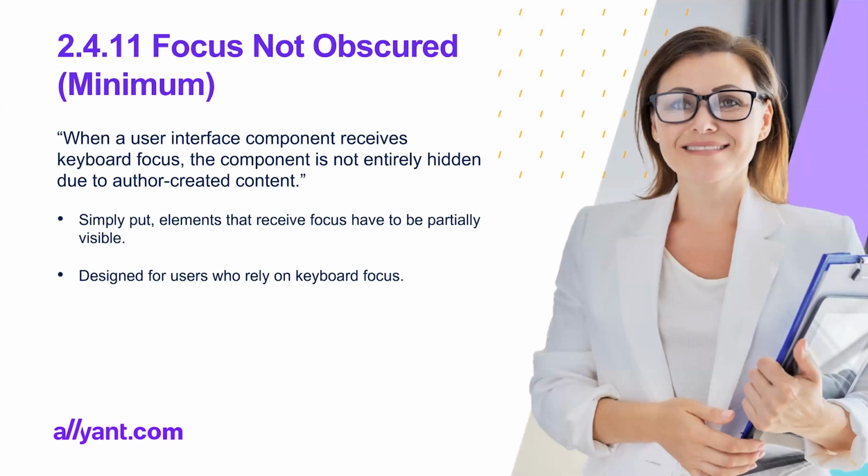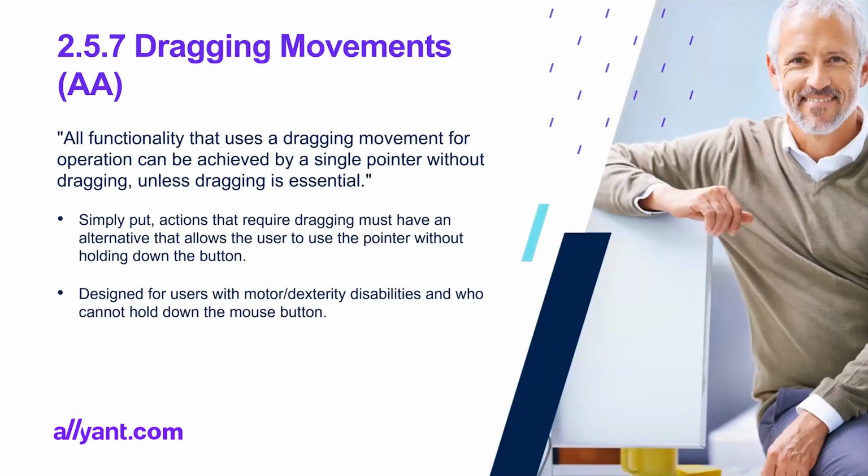The next one is around dragging movements. And again, you can see the actual text of the WCAG success criteria here. I won't read that out. But the moral of the story is that actions that require you to drag have to have an alternative that allows the user to complete that using the mouse pointer and without holding down the button.